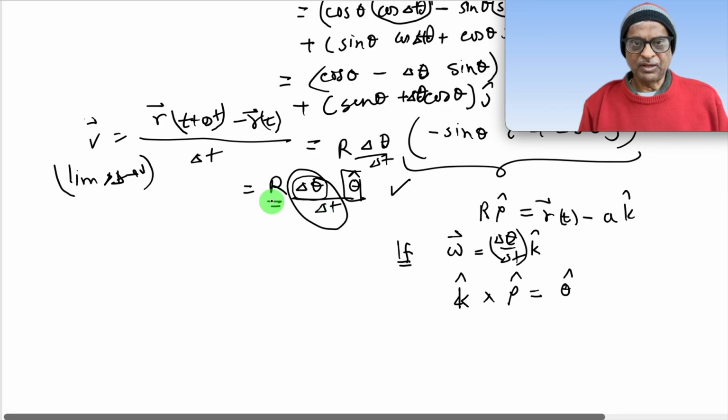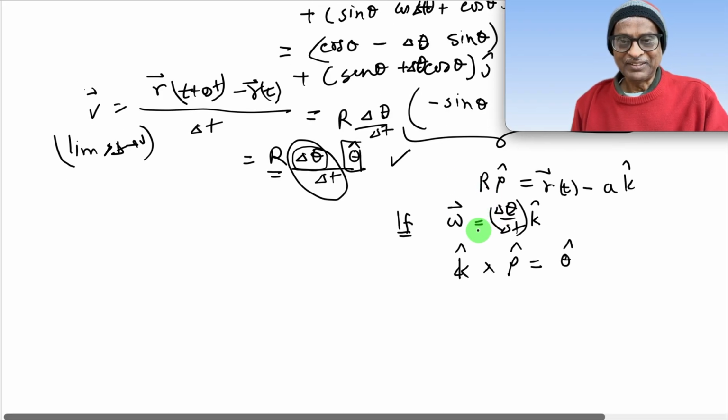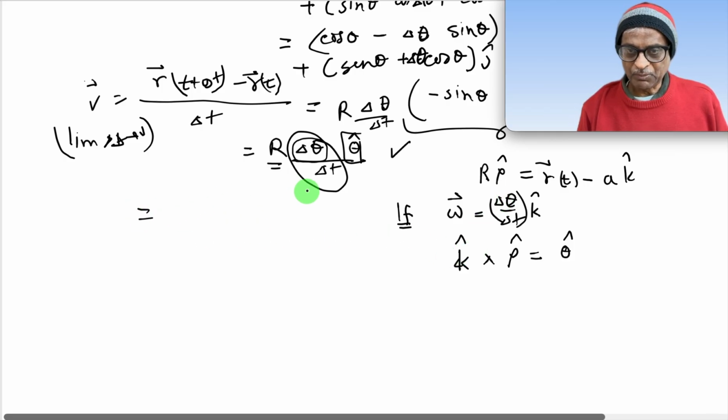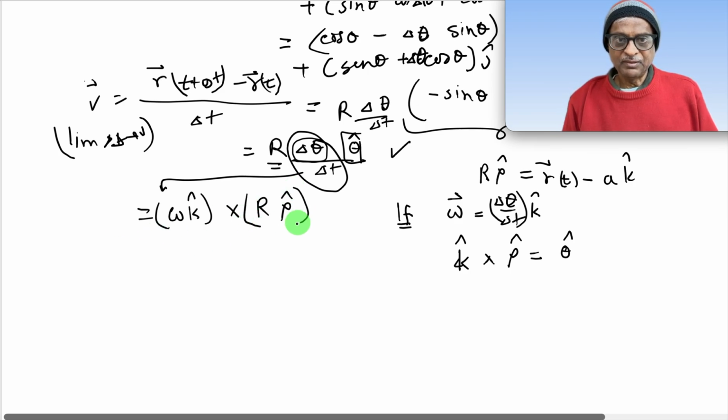So how do we replace this by the appropriate quantities? If I replace this with omega k hat cross r rho hat, this will give me the same answer as writing that for omega.